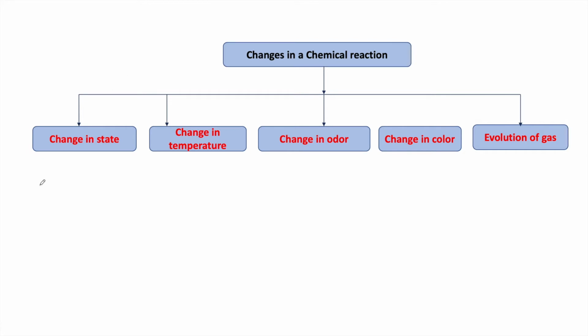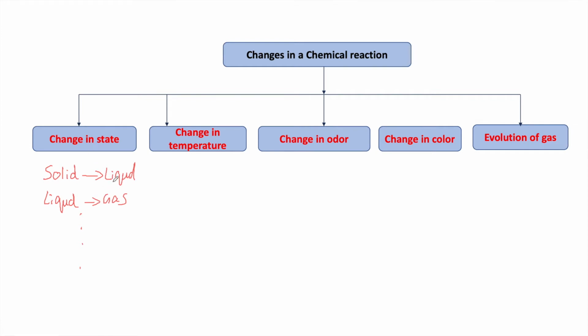Change in state means any state change like solid to liquid, liquid to gas, and so on. Any change in state like gas to liquid, liquid to solid, solid to gas, any state change is possible in a chemical reaction.